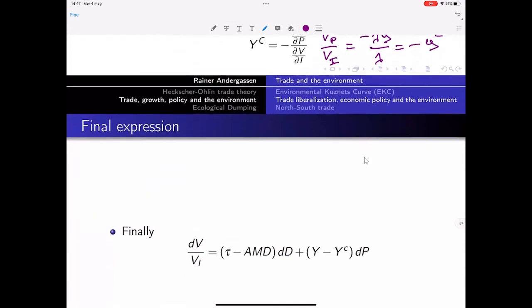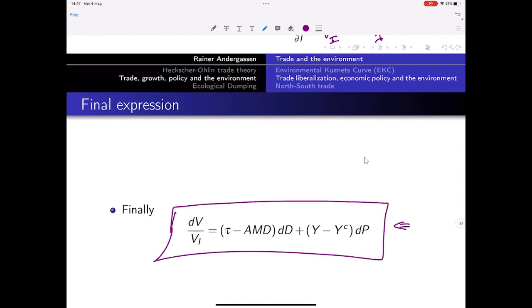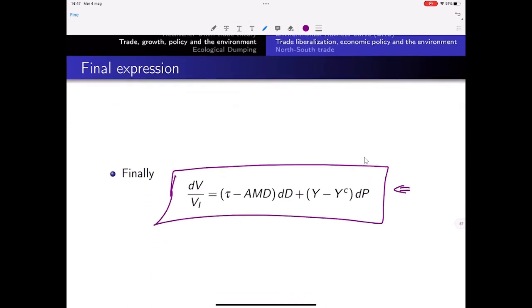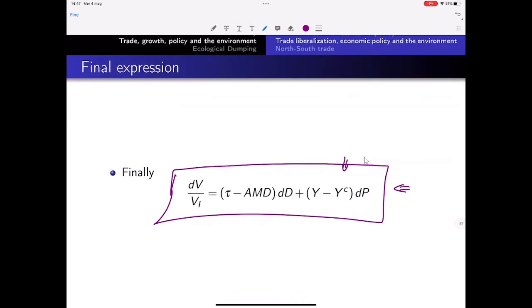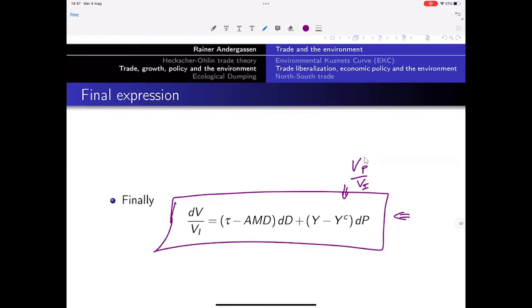If I put all this together, I get this final expression, and this is our final result, and we can interpret this. So we are done. Remember, this was dV over dP, and the others we've already seen.